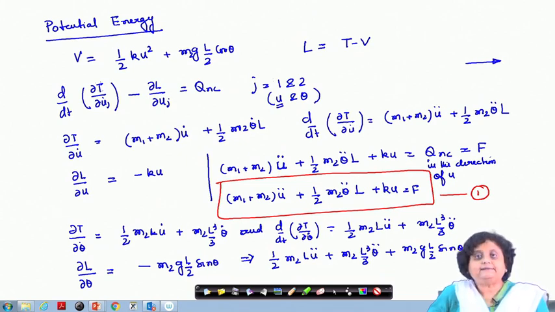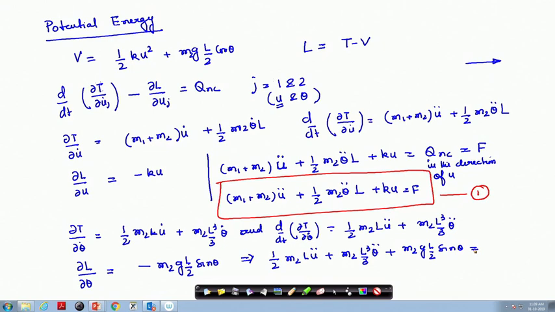Now, the right hand side is not going to be equal to 0 again because of the externally applied force F, and we have to take the effect of F in the theta direction, which is going to be F L cos theta, the moment produced in the tangential direction. So, this gives me the second equation of motion.